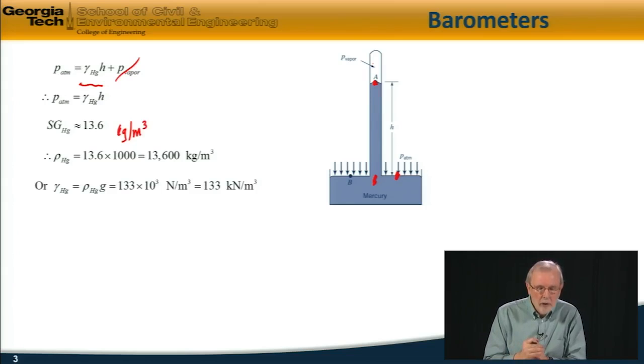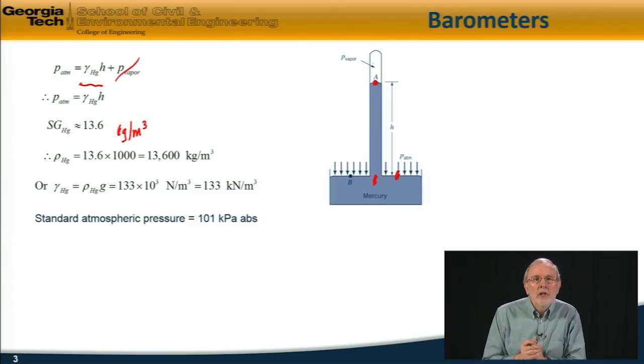Or the specific weight of mercury is the density times acceleration due to gravity, which is about 133 times 10 cubed newtons per cubic meter, or 133 kilonewtons per cubic meter.